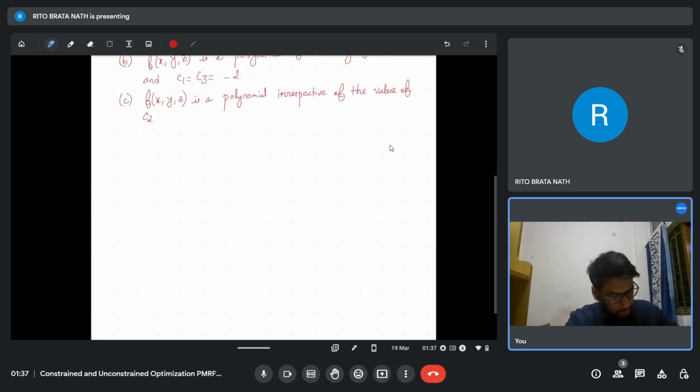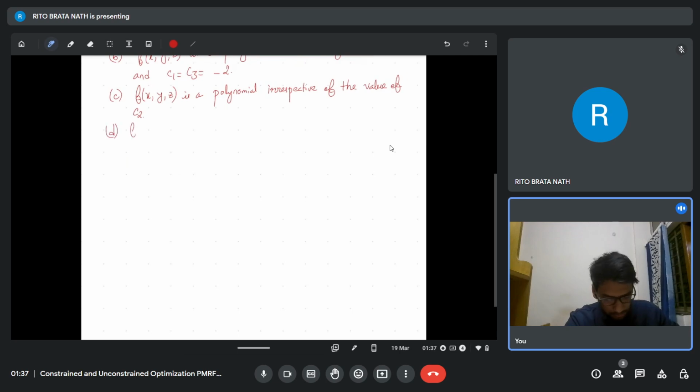And finally option D tells you f of xyz is a polynomial if c2 equals minus 2.